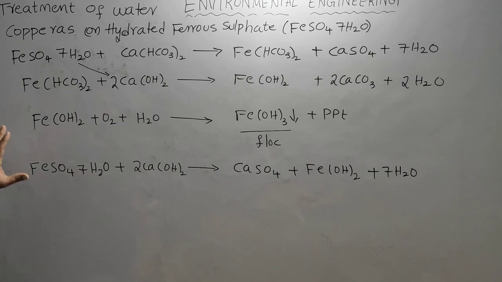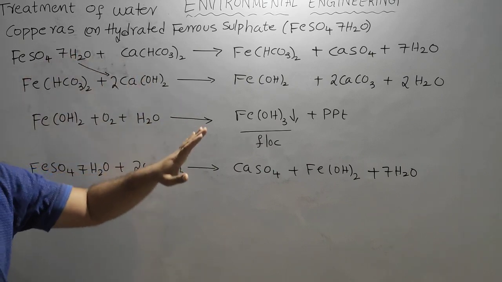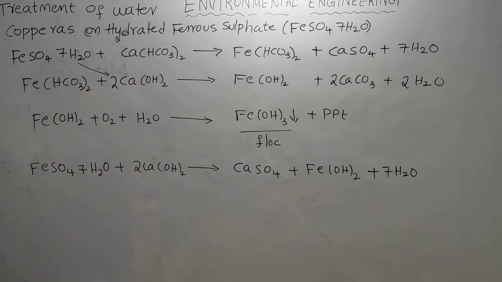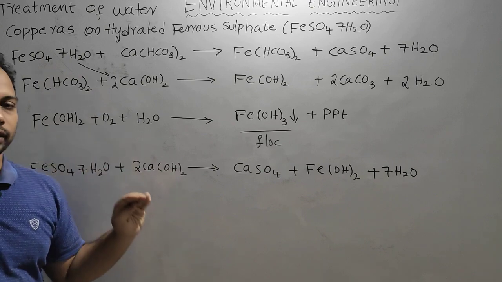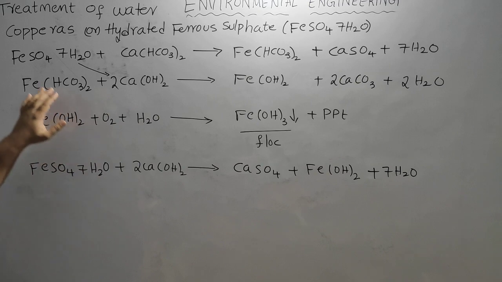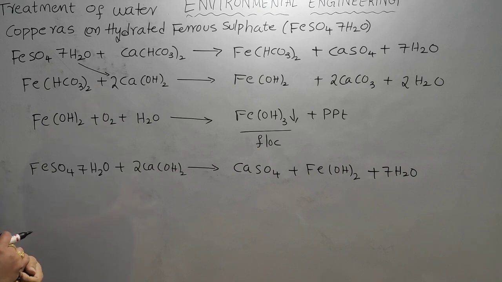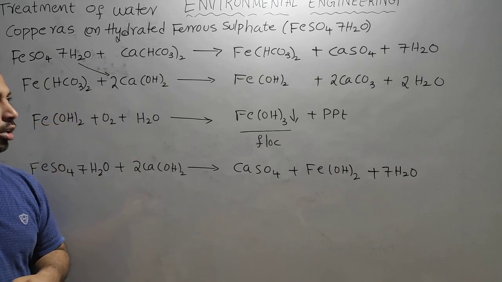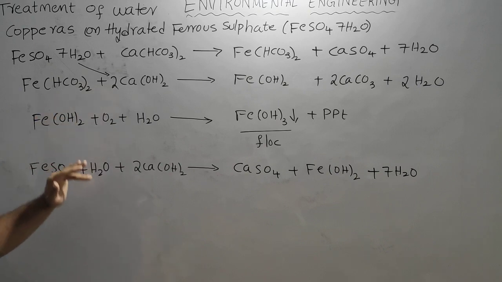So that is why this is not that important. Reactions are also not important. If anything is asked in the GATE examination, they will directly provide you the reaction along with the atomic weights. It is not needed to remember the atomic weights of iron, sulfur, oxygen and all; they will provide that too. So just knowing the reactions is sufficient.